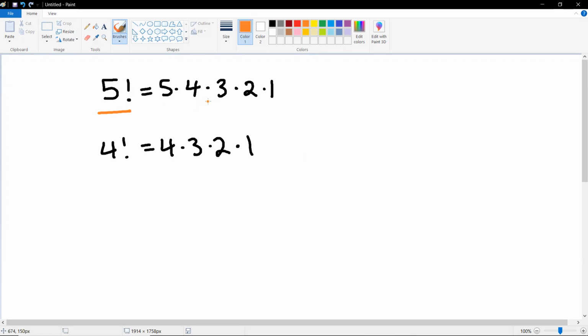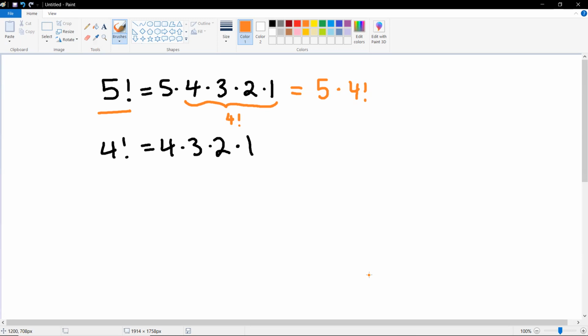Within 5 factorial, let's look at these terms. And you might notice that this is just 4 factorial. In other words, we can write 5 factorial as just 5 times 4 factorial, right?